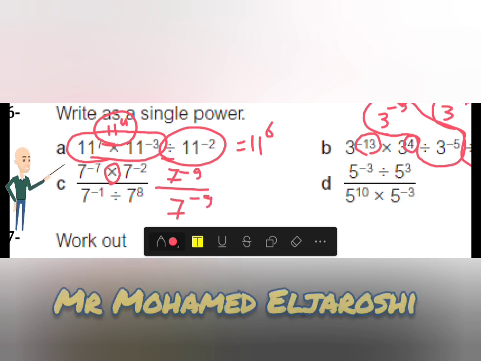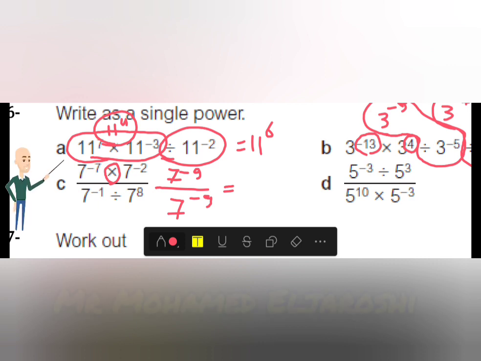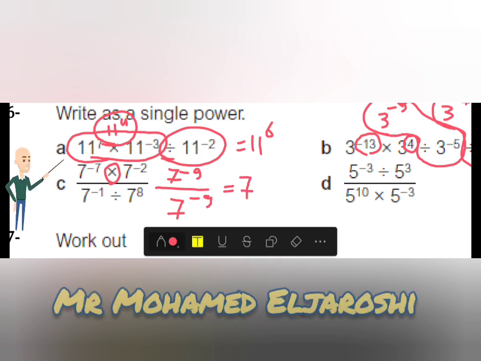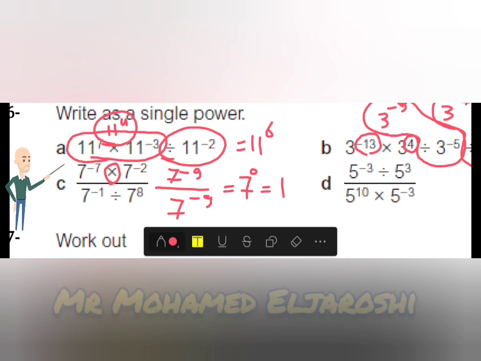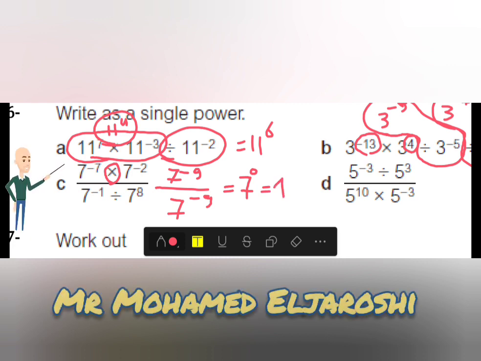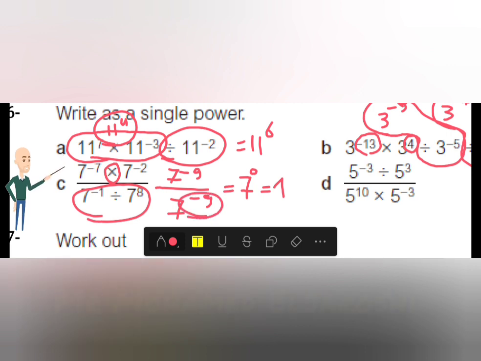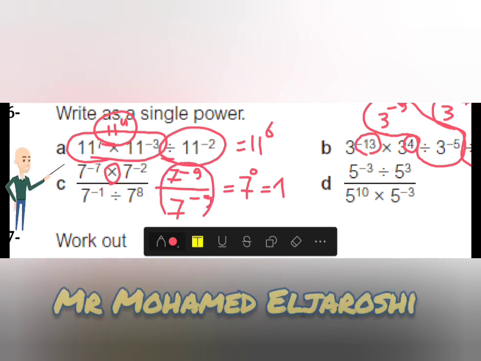And when you divide 7 power of negative 9 and 7 power of negative 9 equals what? You can do it with a calculator or subtract the powers. So it's going to be negative 9, negative 9, and the answer will be 0. So it's going to be 7 power of 0, and 7 power of 0 equals 1. Very good. Focus on this. We did the ones on top. We had negative 9. And then the ones in the bottom, we had negative 9 in the power. And when you divide the same numbers, you get 1.